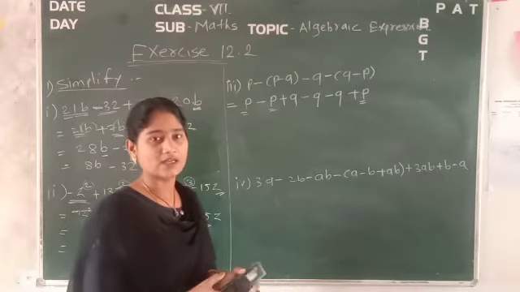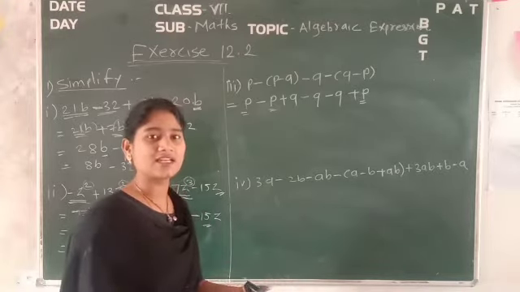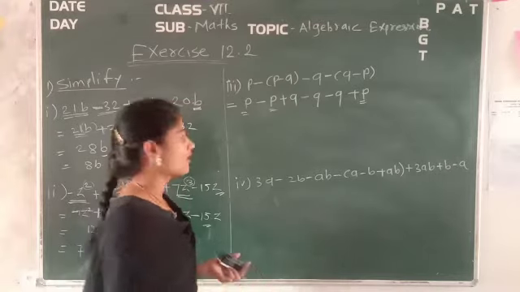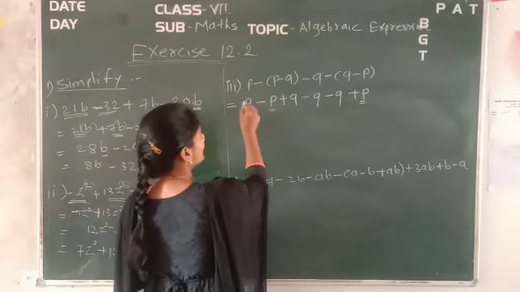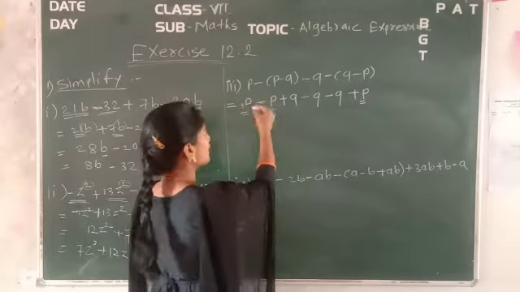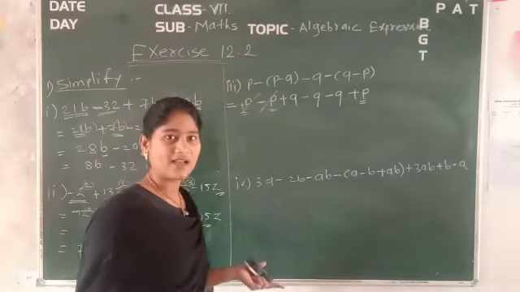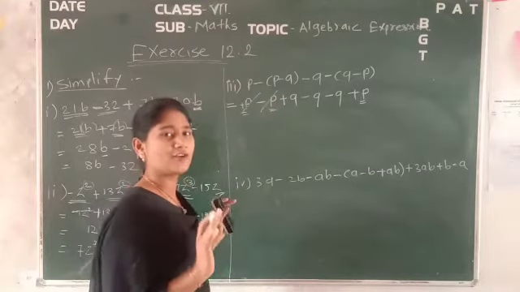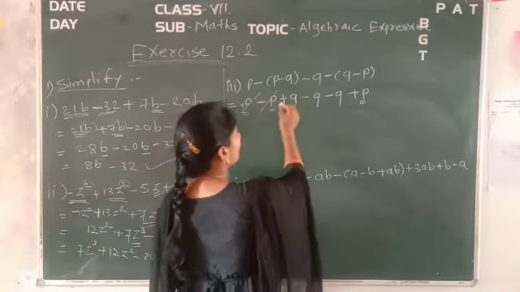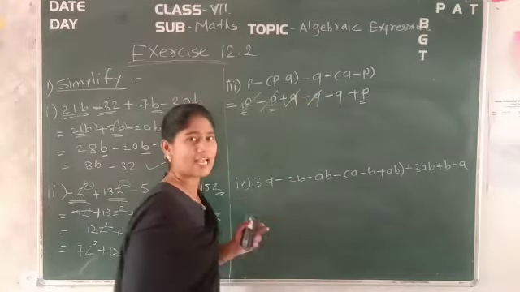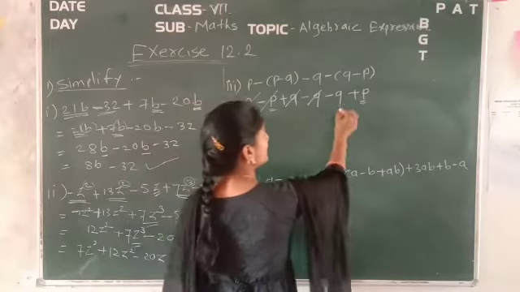So rather than this, you can cancel it out if opposite signs are there. Okay, so see here plus P is there, here minus P. So you can cancel it out. Right? It means no need to calculate. Here only you can cancel it out. Plus Q minus Q will also get cancelled. What remains? Minus Q plus P.